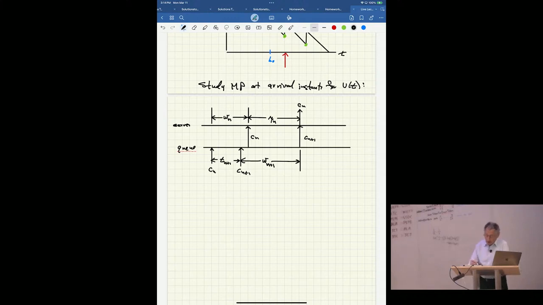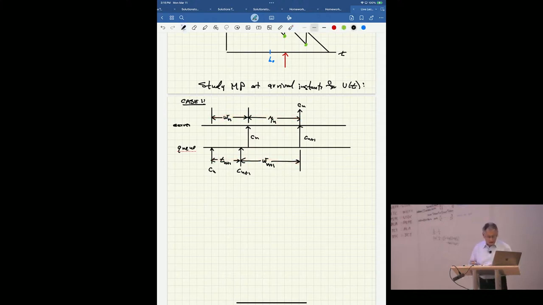And this is what I'm going to call case 1. Case 1 is the case where Cn plus 1 arrives before Cn leaves. So what can I say? There are obviously two intervals here. This interval here is the same as this interval here, so I'm going to equate them.